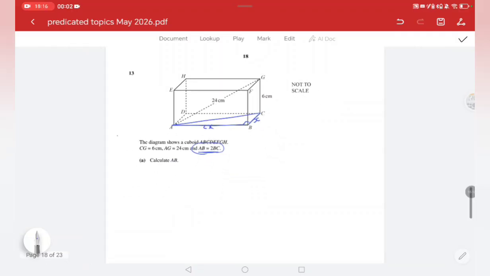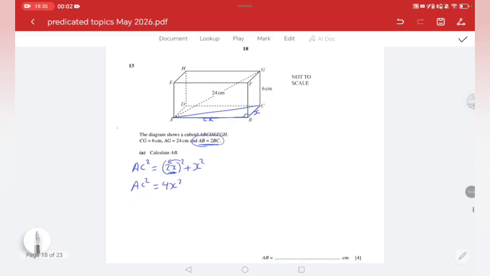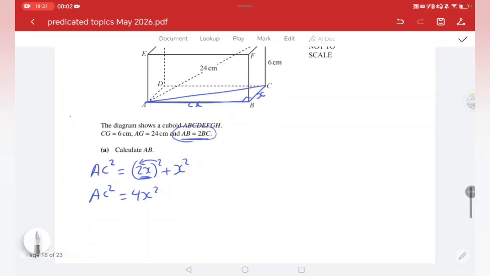So EC squared equals (2x) squared plus x squared. Take care of the brackets. So EC squared equals 4x squared plus x squared. Take care when you square the whole brackets, not only x. So AC squared now equals 5x squared.